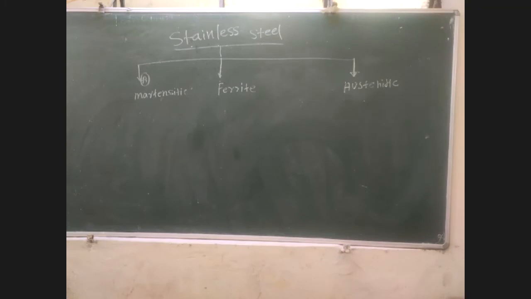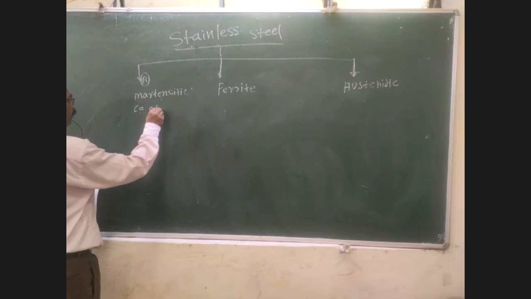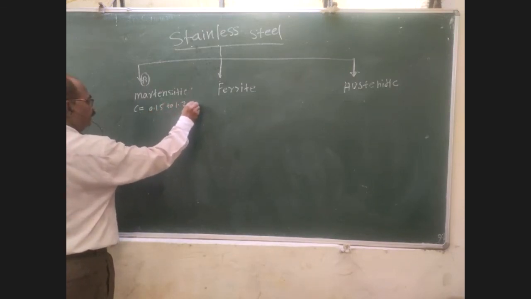So depending upon the percentage of carbon, property and application, we are going to see here. In martensitic stainless steel, the carbon is 0.15 to 1.2%.